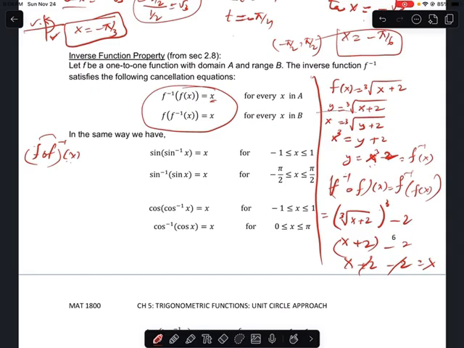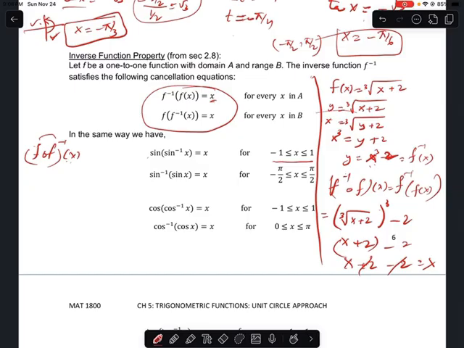So x is replaced by that quantity cubed, and then we have a negative 2 from here. Now the cube will cancel the cube root, so we end up getting x plus 2, and then minus 2. If I get rid of the parentheses, we end up getting x.